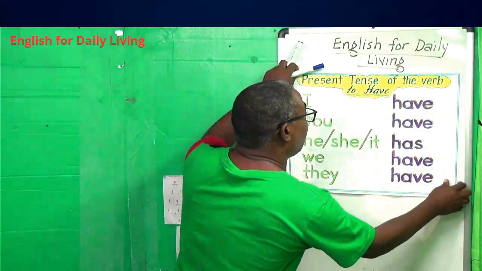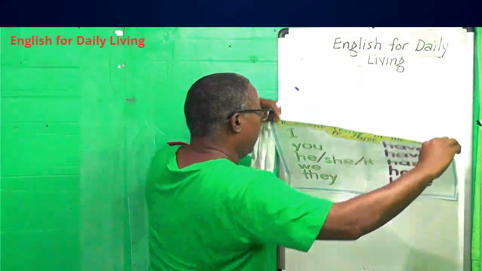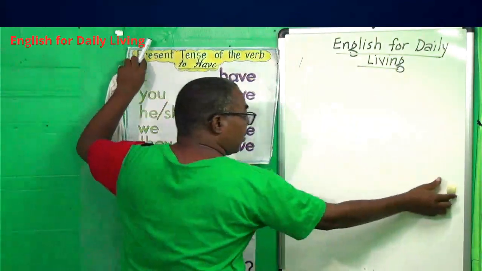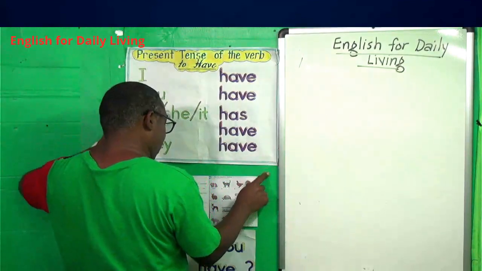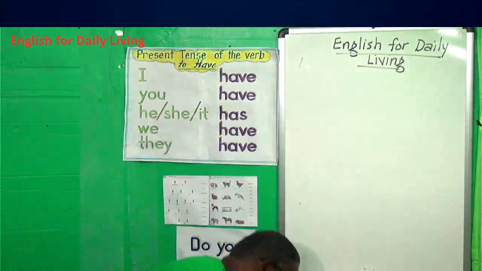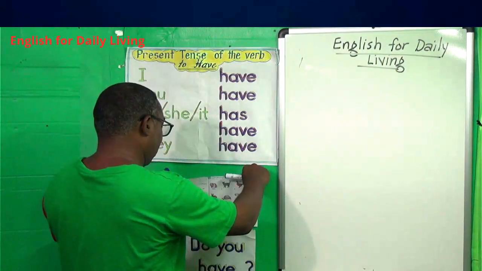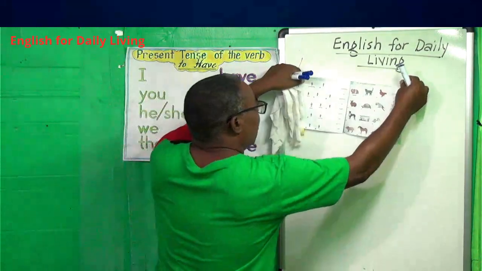So let us try something here. Let's take this and remove it. Let's place it once again on this side, and let us see what we can do. Now, I have some animals here. You may not be able to see these clearly, but I have some animals here.